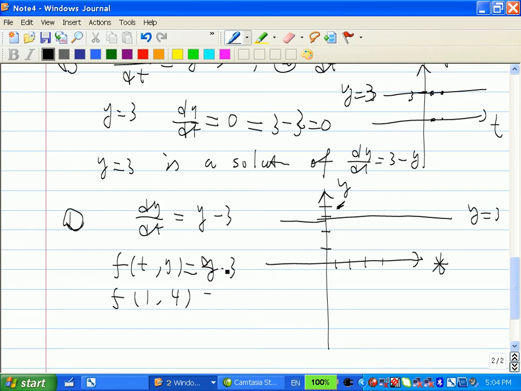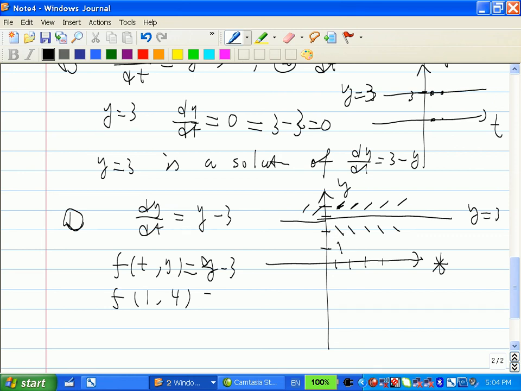So when y is bigger than 3, then y minus 3 is always positive. It doesn't matter what t is. And when y is less than 3, you get a negative. For example, y equal to 2, you get minus 1, and the same across t. If y equal to 1, you get minus 2.